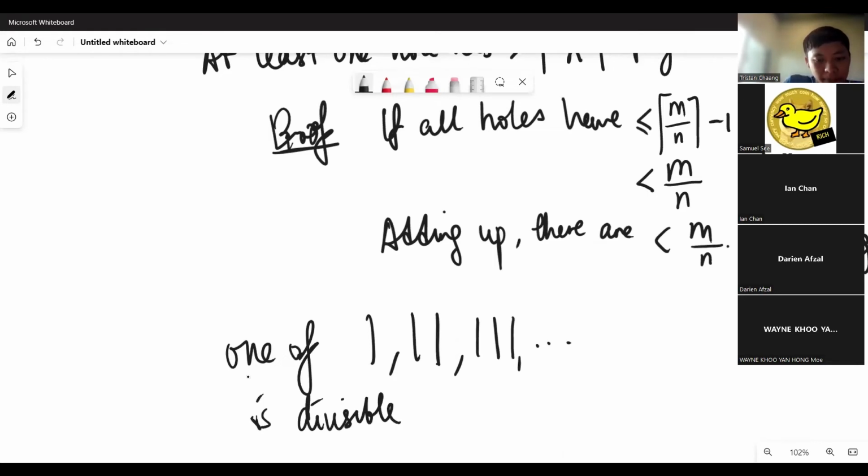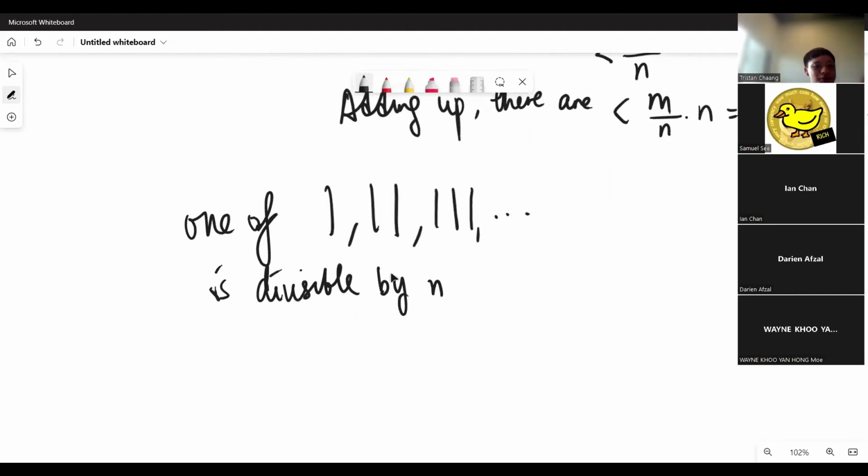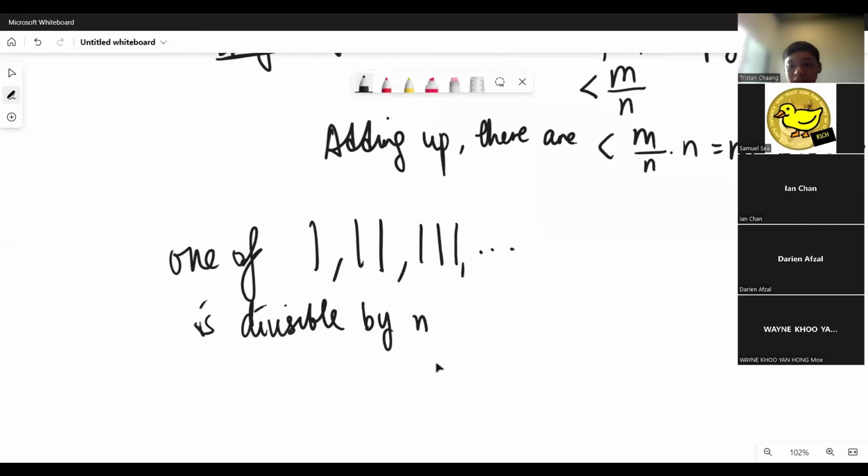The obvious reason why we exclude even numbers and multiples of 5 is because they are obviously not divisible. So how would you prove that one of these numbers is divisible by n? Let's not use a number theoretic proof for this.